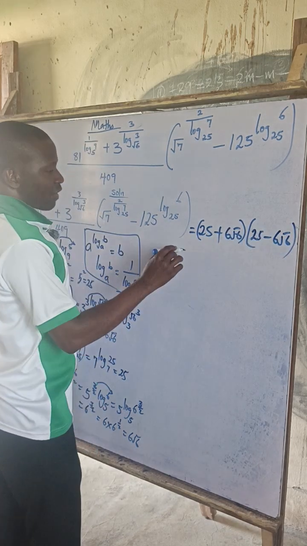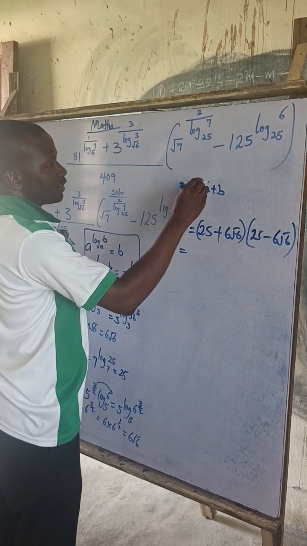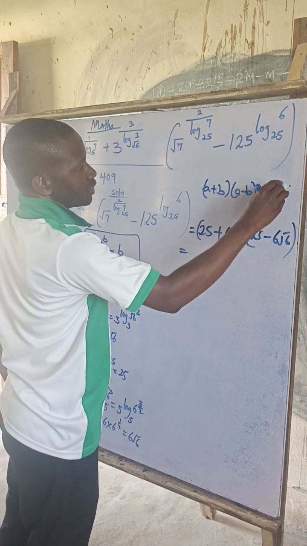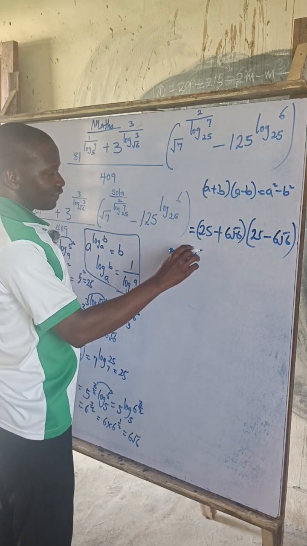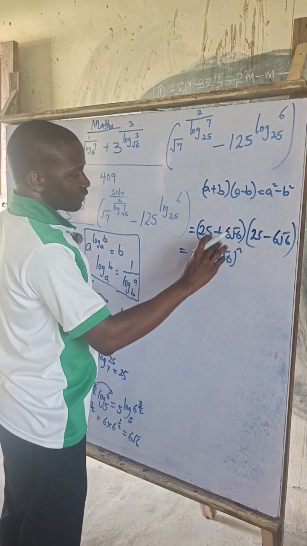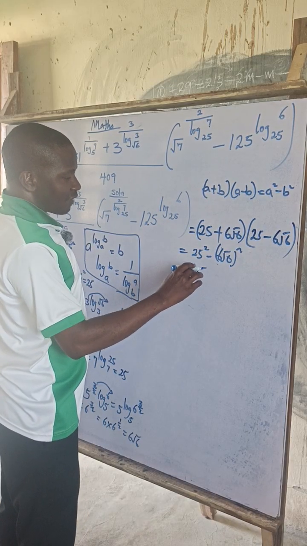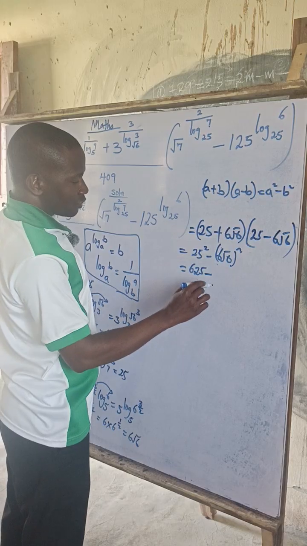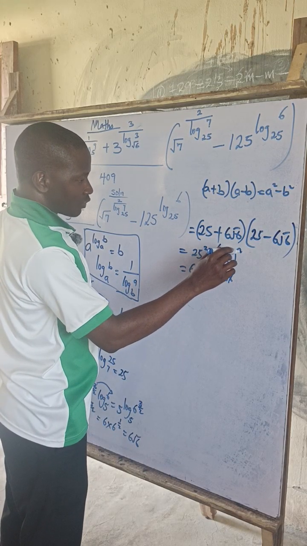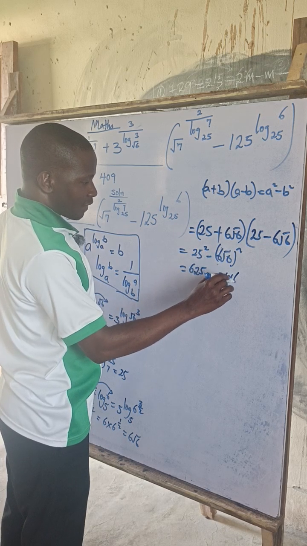Now when we simplify, we can apply the difference of two squares, that is a plus b times a minus b can be simplified as a squared minus b squared. Therefore we have 25 squared minus 6 root 6 squared. When you multiply these two together, you arrive at 625, that is 25 times 25, minus 36 times root 6 squared, that is 6, which gives us 216.